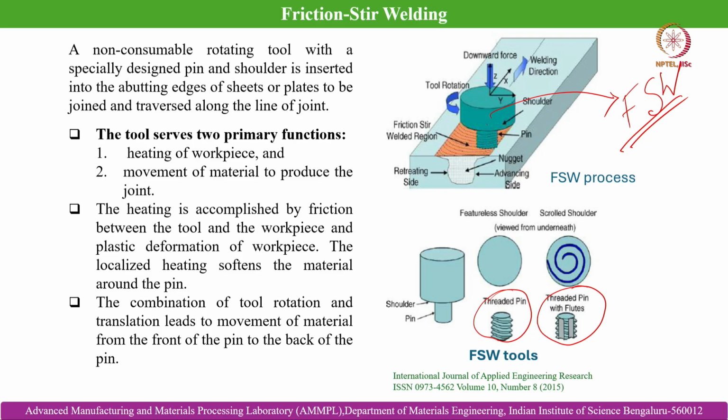It is again an autogenous welding technique, where the metal is drawn into the joint from the parent workpieces themselves. It does not deal with melting of the material involved for joint preparation; rather, it deals with plasticizing of the material.